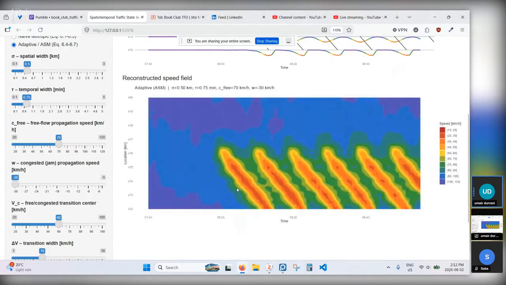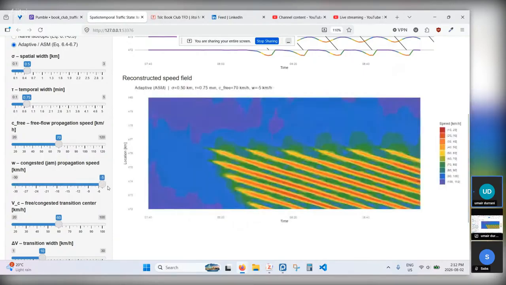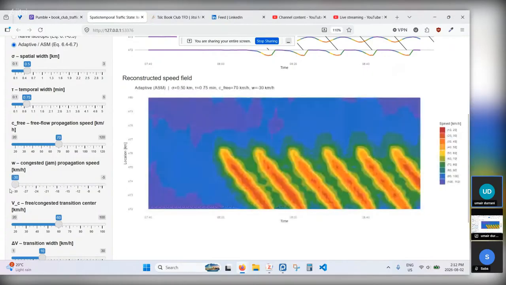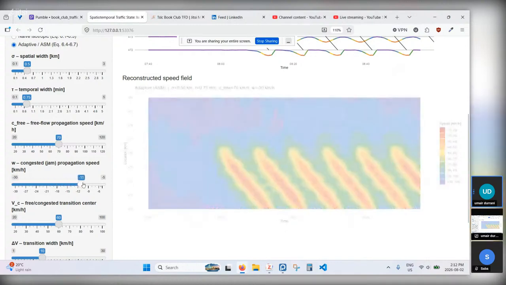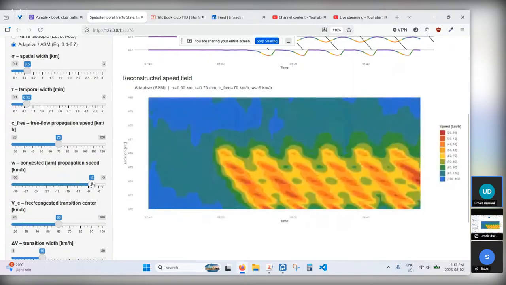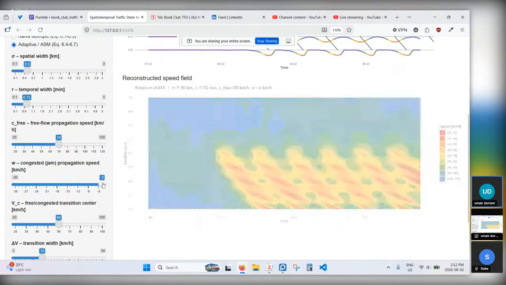In this case, it makes a bit of a difference. Let's look at it again in two extremes, so minus 30 and minus 5. So here we see that this is a much lighter slope compared to this one. So here it changes how the speeds are traveling.